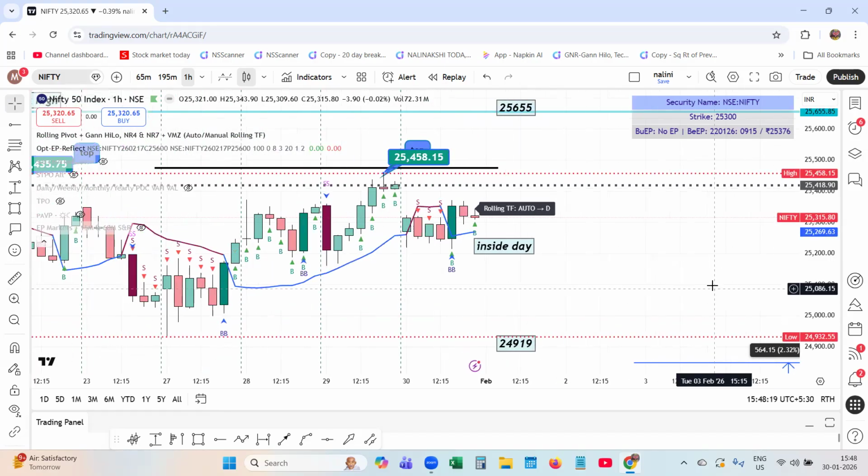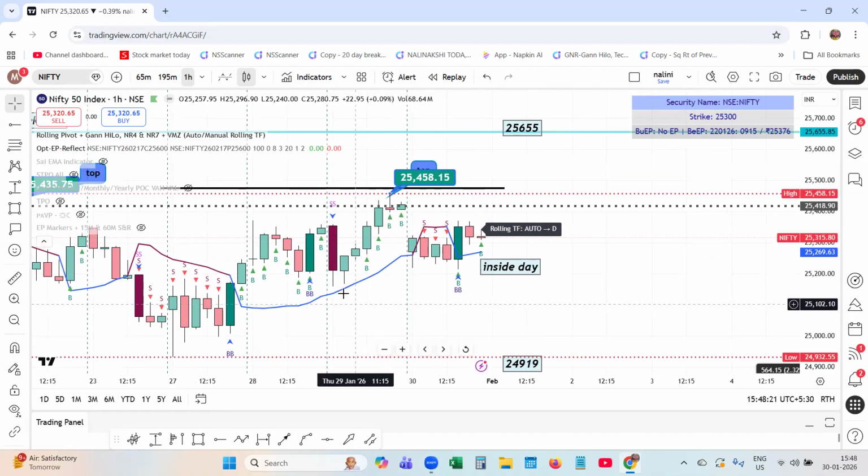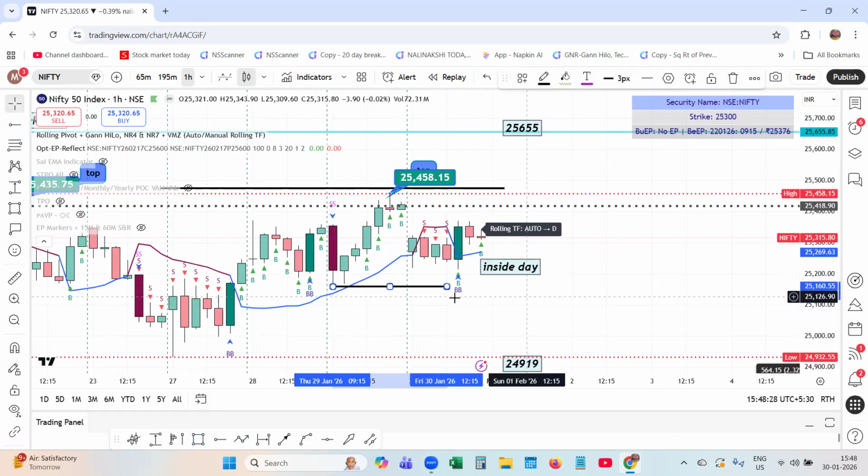For an intraday basis, if you see, this is the boundary of the previous day, right? This is the previous day boundary, and this is the previous day up.